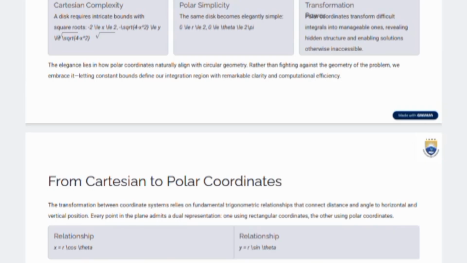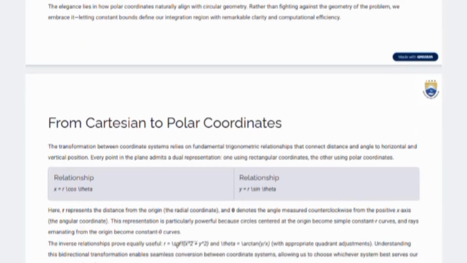This representation is powerful because circles centered at the origin become simple constant r curves and rays from the origin become constant theta curves.